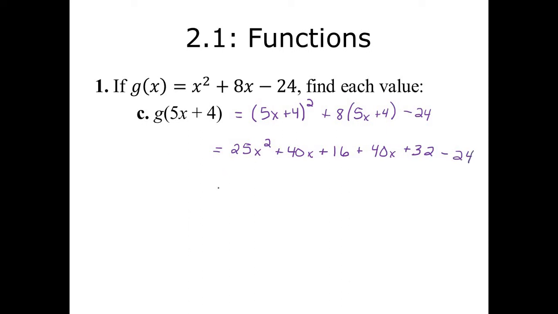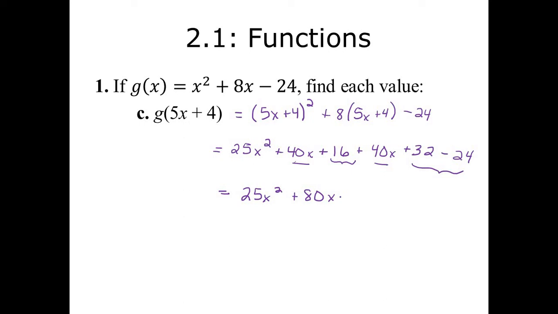And now it turns into combining like terms. Do we have any like terms with 25x squared? We do not, so that stays as a 25x squared. Do we have any terms that are like 40x? Well, yes, we do. 40x plus 40x is going to be plus 80x, and then everything else are constants: 16 plus 32 minus 24.